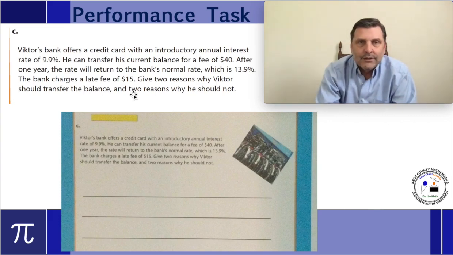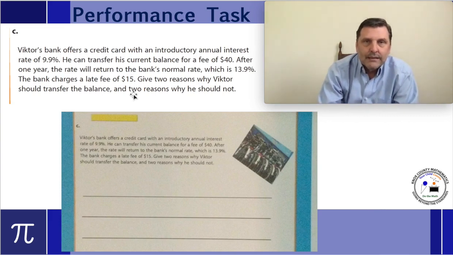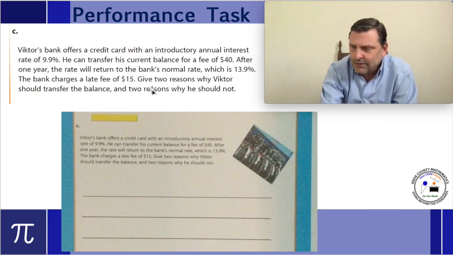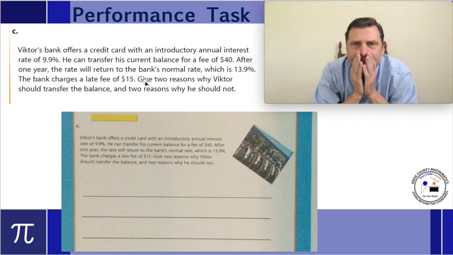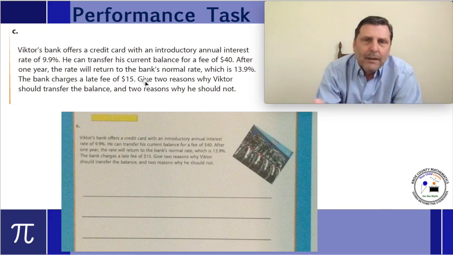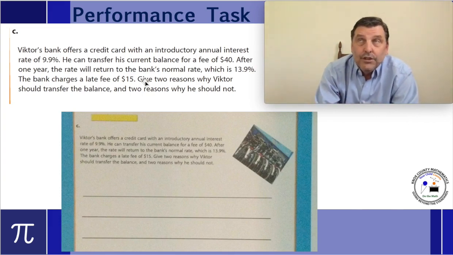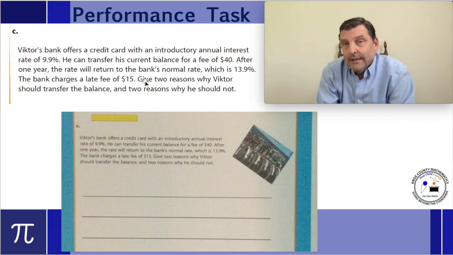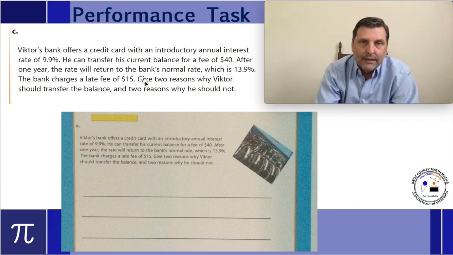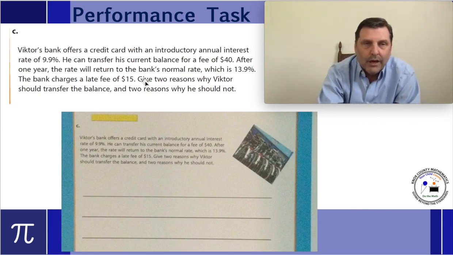And the other reason is he's also got to pay $40 to transfer the money. So just to transfer to this bank to get this lower interest rate, he's got to pay them $40. So that might be a reason why he would not want to do it. He's got to pay more money, and the bank charges a $15 late fee. Those are two possible reasons why he would not.